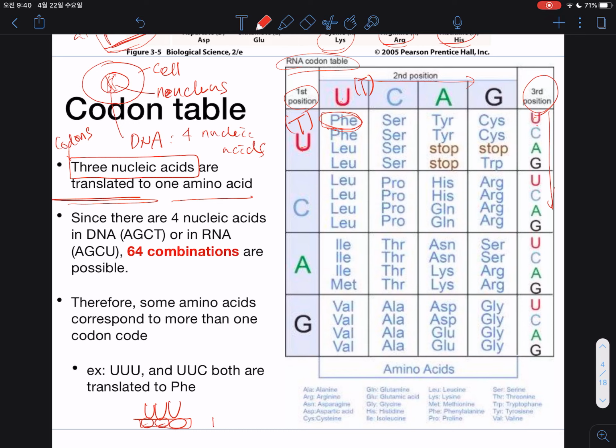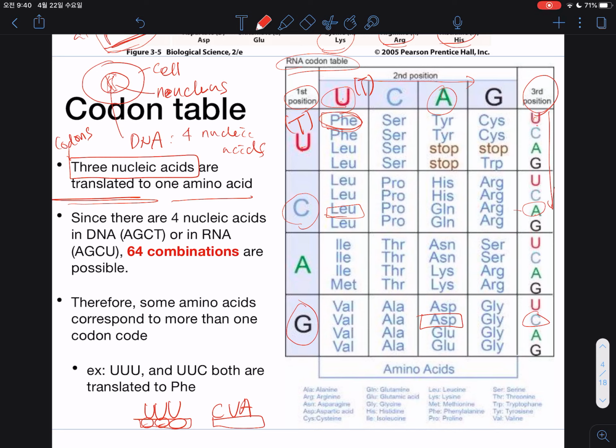If RNA has a sequence of CUA, it starts with C, the second one is U, and the third one is A, then it is translated to leucine. And if RNA has a sequence of GAC, for example, then it is translated to aspartic acid, right?